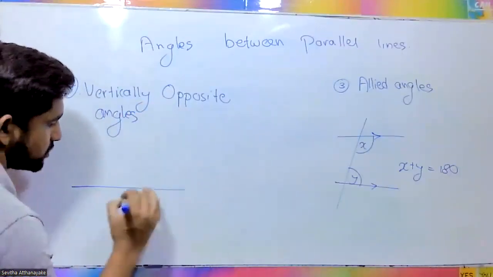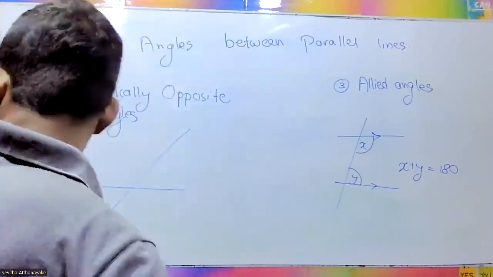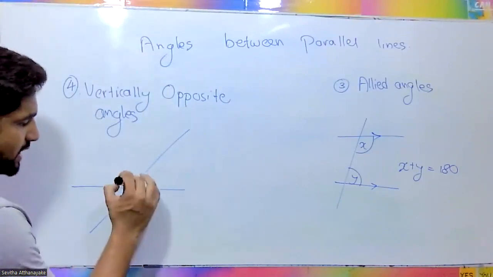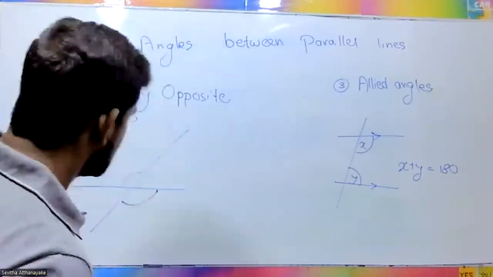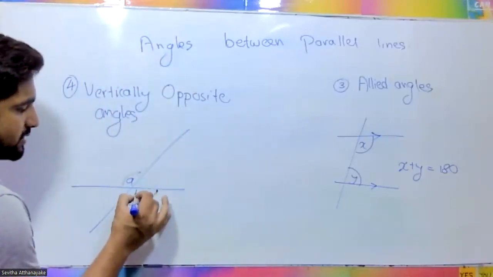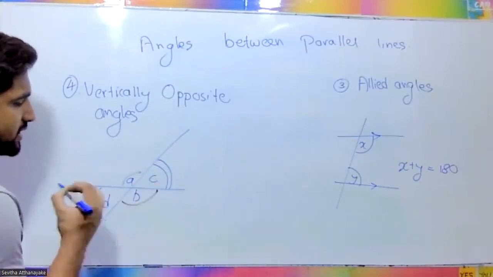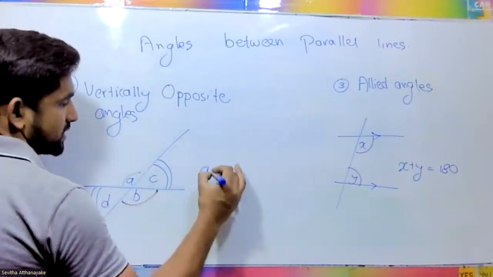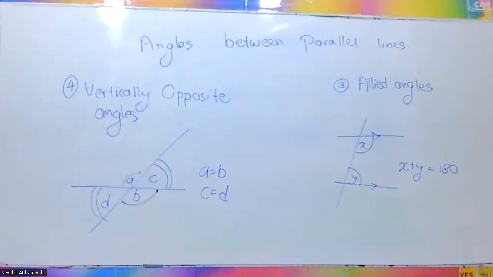Suppose we have two straight lines like this. And we have four angles. Let's say A and B and C and D. Therefore, these two opposite angles will be equal. A equals B and C equals D.